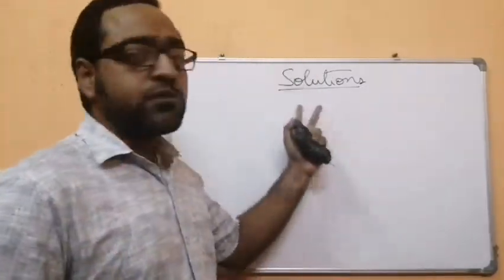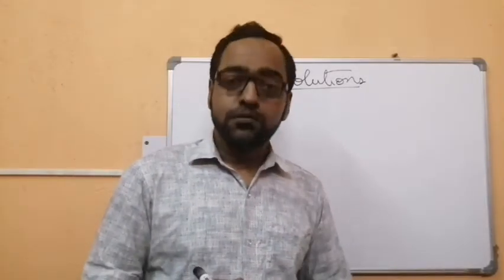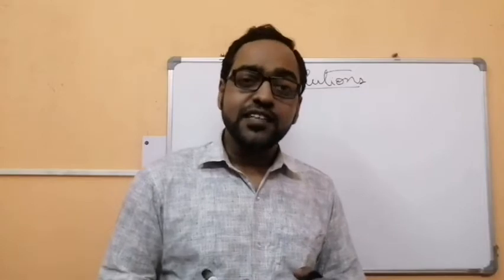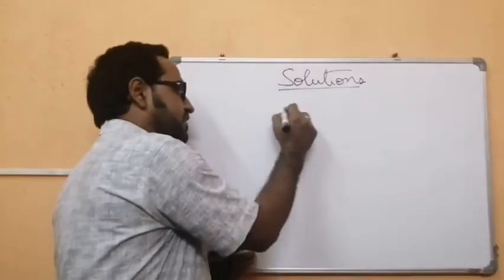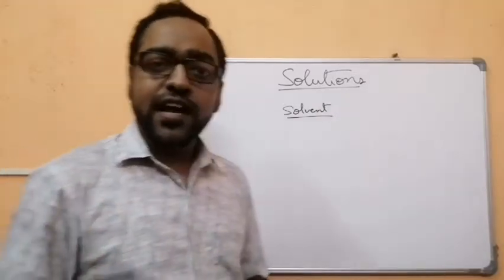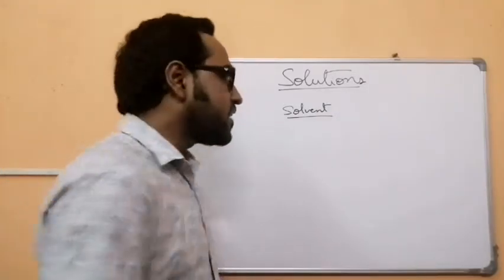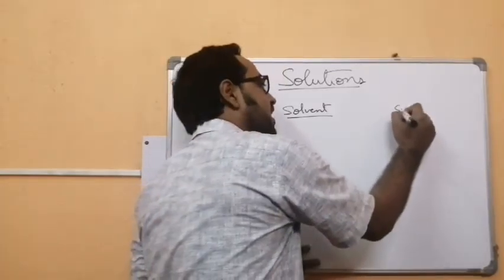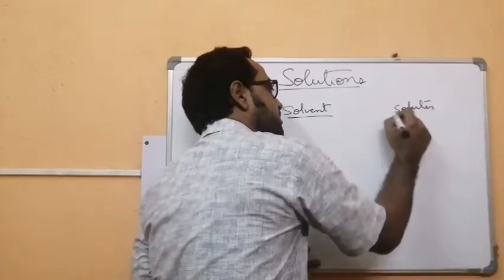Now, in a solution, you have two or more substances. The substance which is present in a large excess is called solvent, and the other substances which are present in a lower concentration are called solutes.